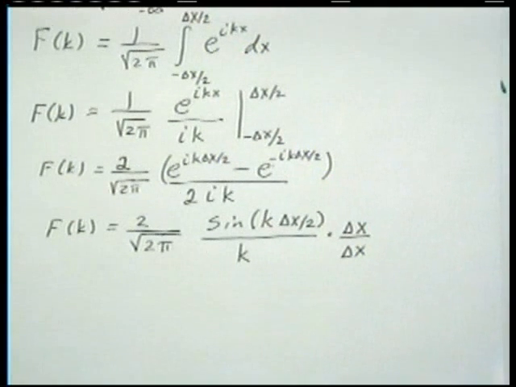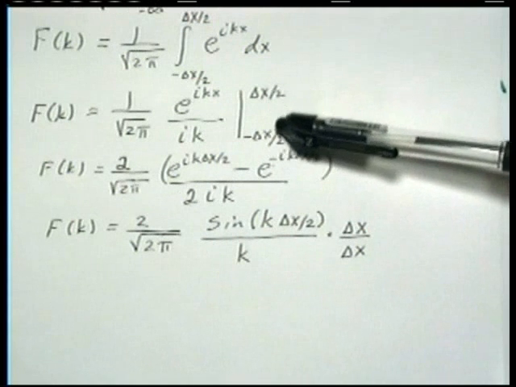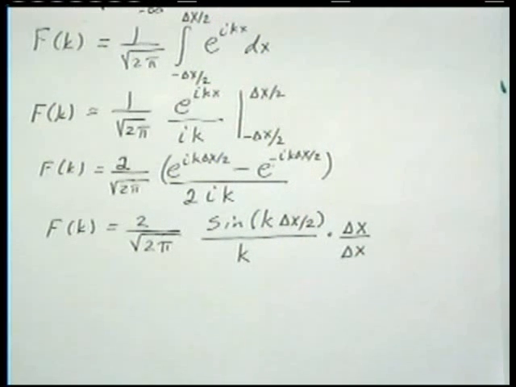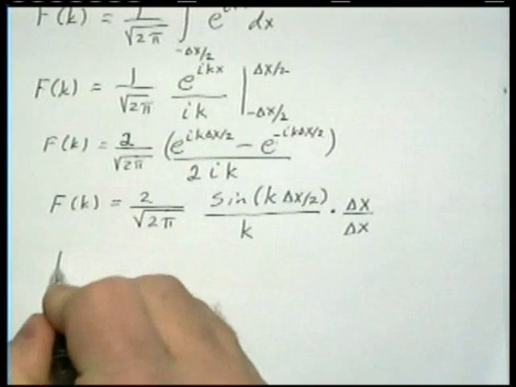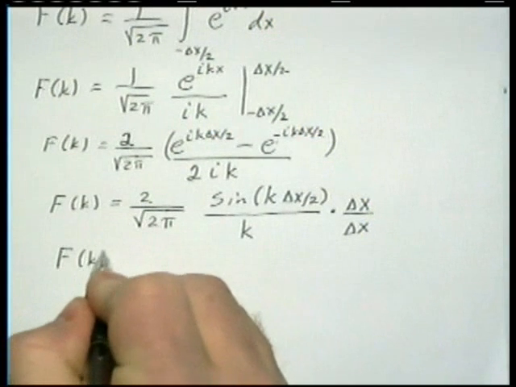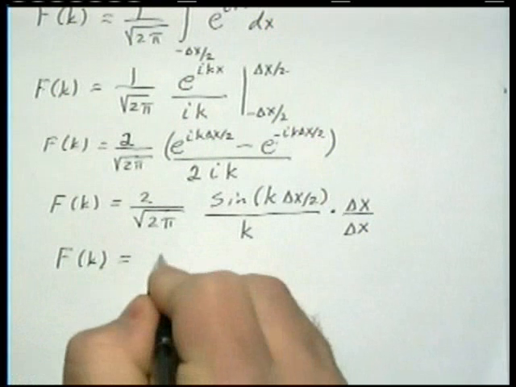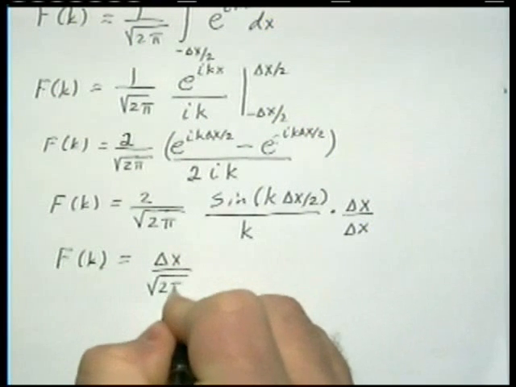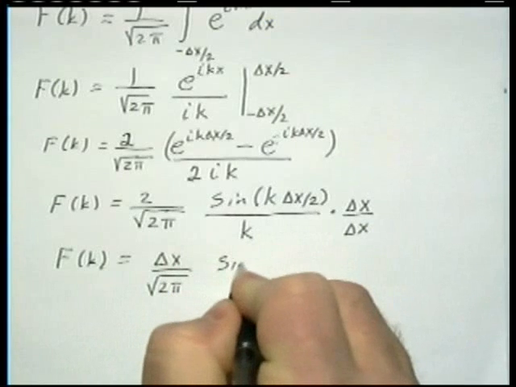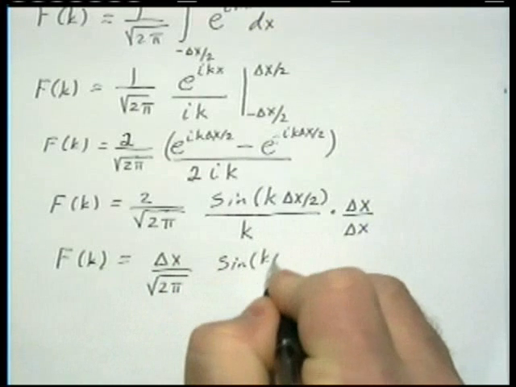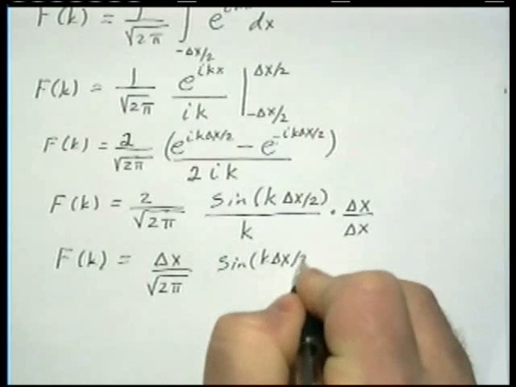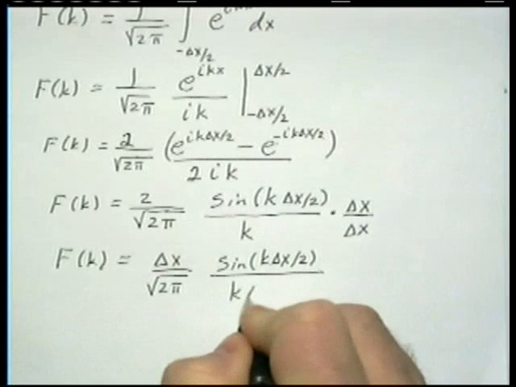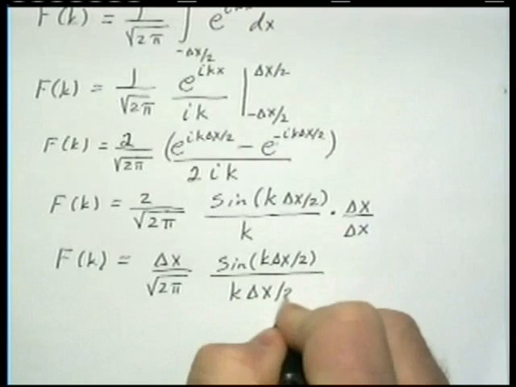In fact, he leaves out all of these steps. Then I have delta x over the square root of 2 pi, sine k delta x over 2, and on the bottom I have k delta x over 2.